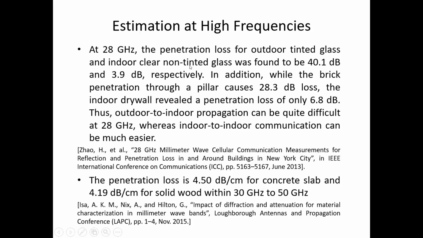So almost 10 times more losses are there. It's not that bad for low frequencies, but at 28 gigahertz, the difference is actually very wide. The IR glass is offering 10 times more losses.